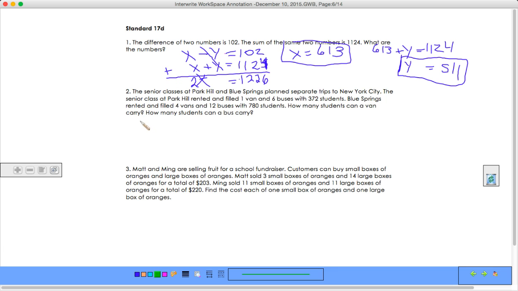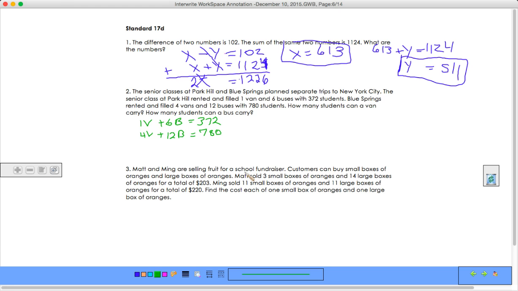So I'd set this up, one van worth of kids plus 6 buses equals 372. Then Blue Springs rented and filled 4 vans and 12 buses, totaling 780 students.